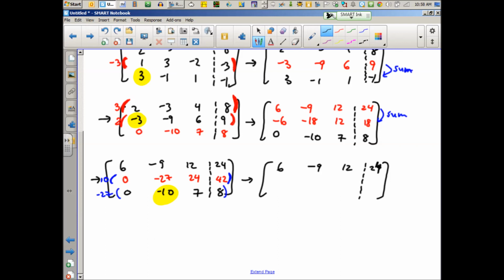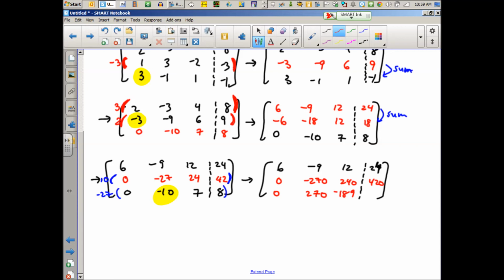And then this middle row is 0, negative 270, 240, 420. The bottom row is 0, positive 270, 189, negative 189, because that's 49 plus 140.